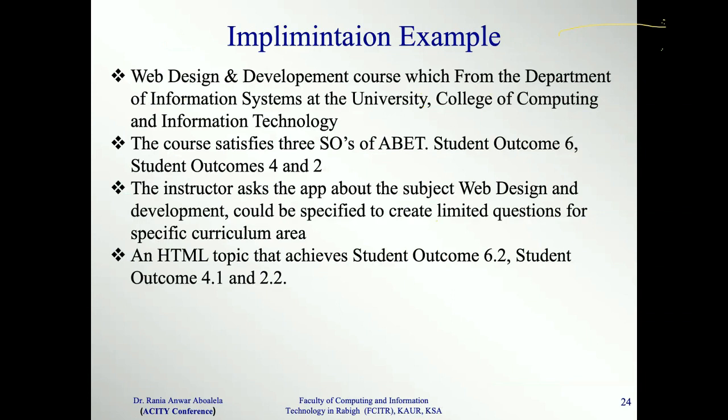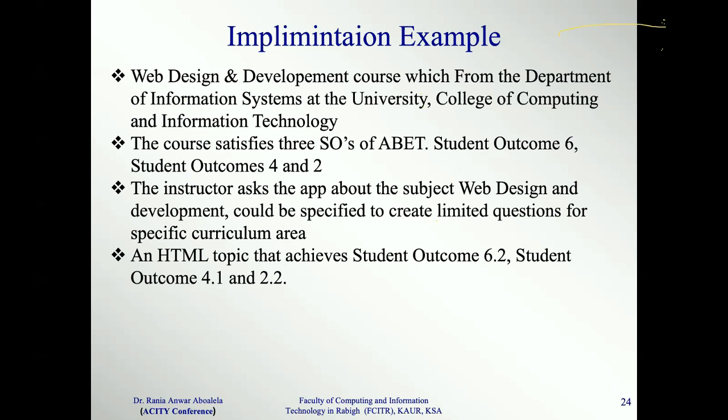Okay, now I have the example of a web design and development course, which is from the Department of Information System at King Abdulaziz University, in the College of Computing and Information Technology. The course satisfies 3 student outcomes of ABET, which are student outcomes 6, 4 and 2.